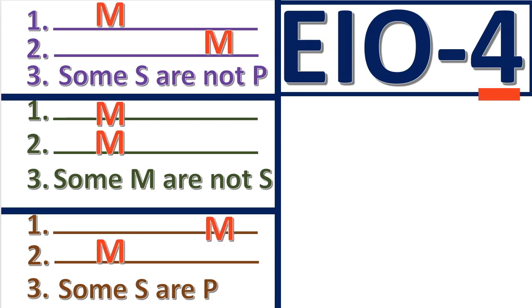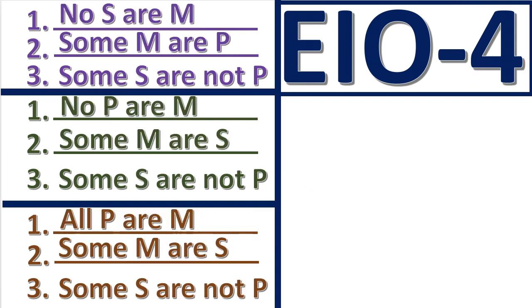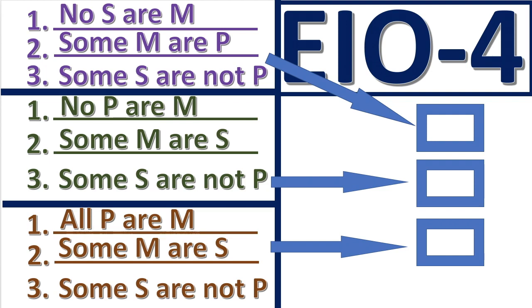The answer will appear in 3, 2, 1. Ding! This is the correct position for a figure 4. Next, what is the correct answer? Press pause if you need to. The answer will appear in 3, 2, 1. Ding! P, which is the major term, goes in the first premise, and S, which is the minor term, goes in the second premise.